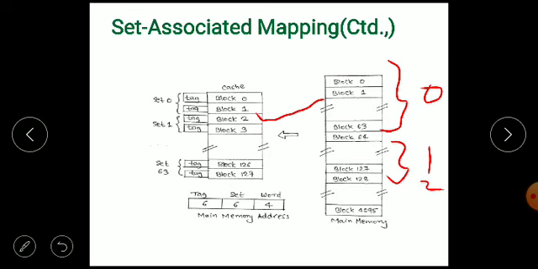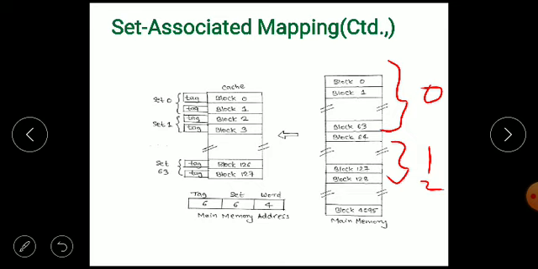Similarly, another example is the last blocks of every page from the main memory. The last blocks of every page can be mapped into the last set, that is set number 63 of the cache memory.